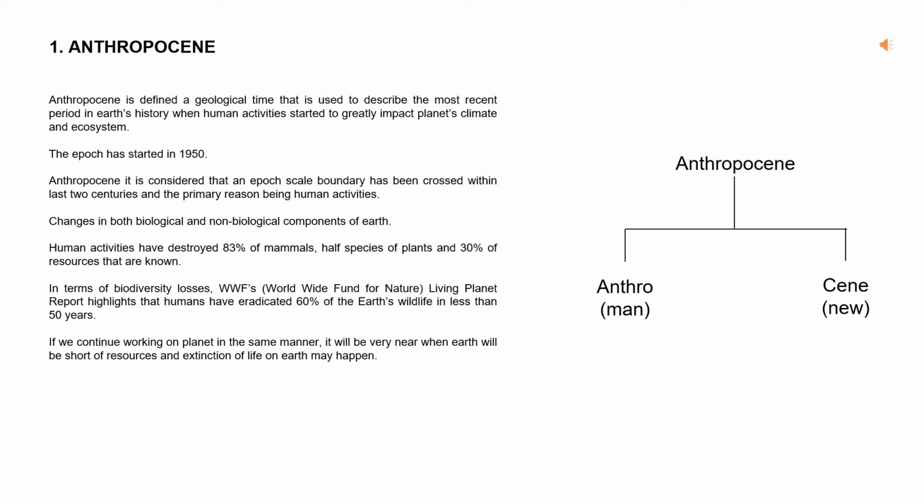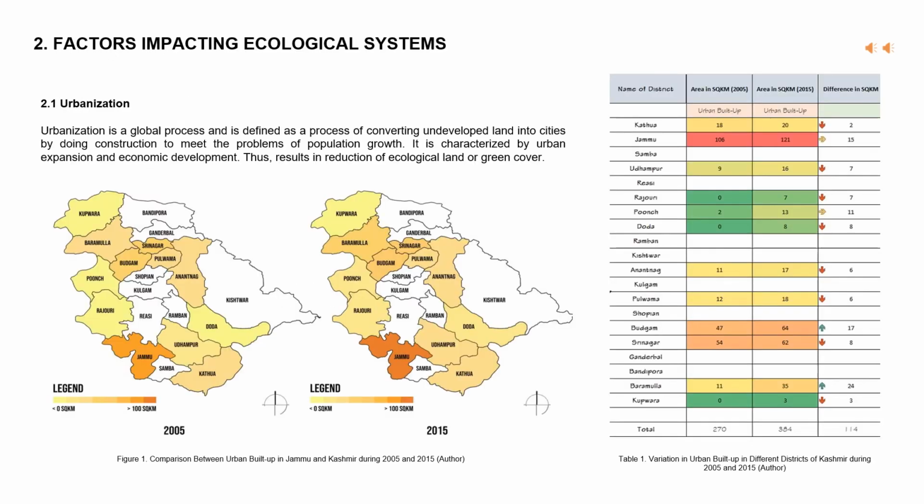If humans continue working on the planet in the same manner, it is very near that Earth will be short of resources and extinction of life on Earth may happen.